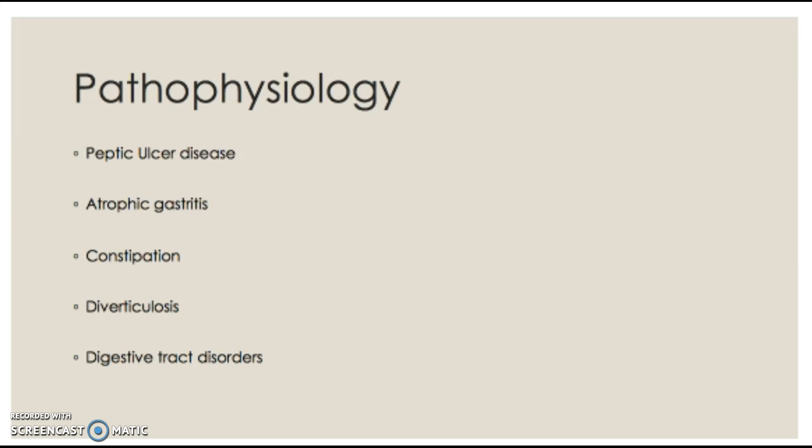To go into more depth about the pathophysiology and what issues can occur with geriatric aging for the gastrointestinal system, the first one I have on here is peptic ulcer disease. So as I said earlier, the gastric secretions decrease in the stomach, which causes more irritation with food, which can ultimately lead to peptic ulcer disease, which is a huge issue in the geriatric population.